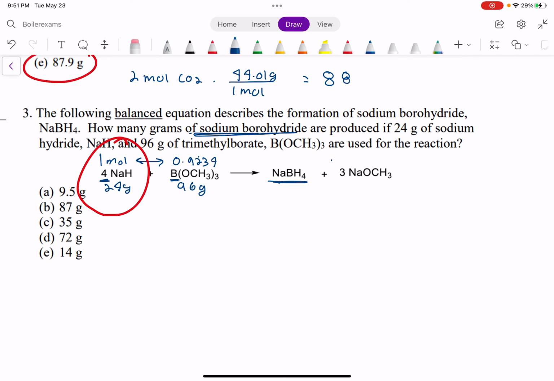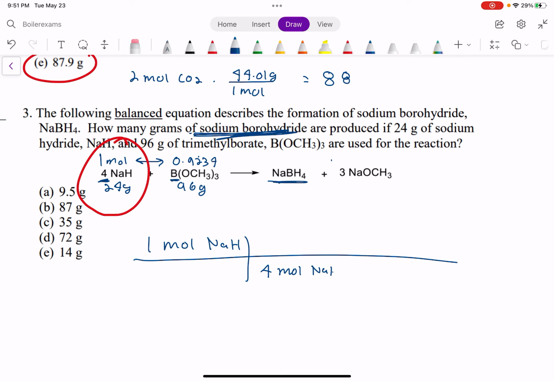And if we were to do the more exhaustive method, you'd see the same thing. So now let's convert this using our stoich ratios into grams of sodium borohydride. So we're reacting 1 mole of this, and we know that 4 moles are consumed for every 1 mole of sodium borohydride.